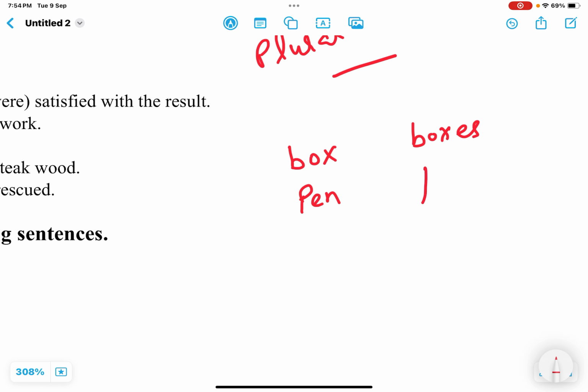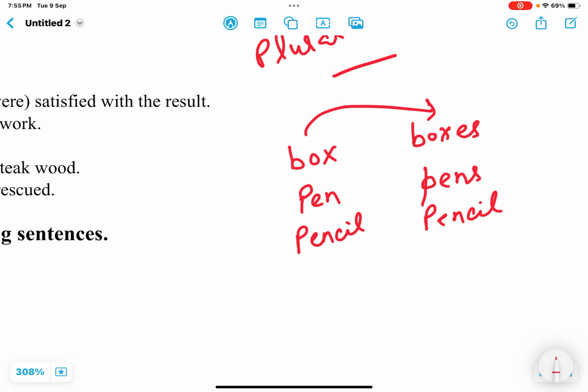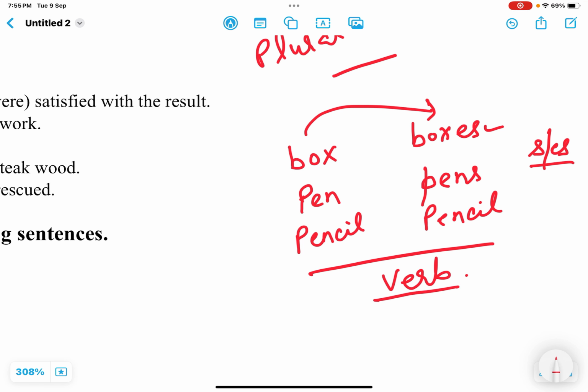Pen, pens. Pencil, pencils. When we change singular into plural, we use s or es. But if we need to change a verb, the simple verb is plural, want, and if we add s or es, it will become singular.